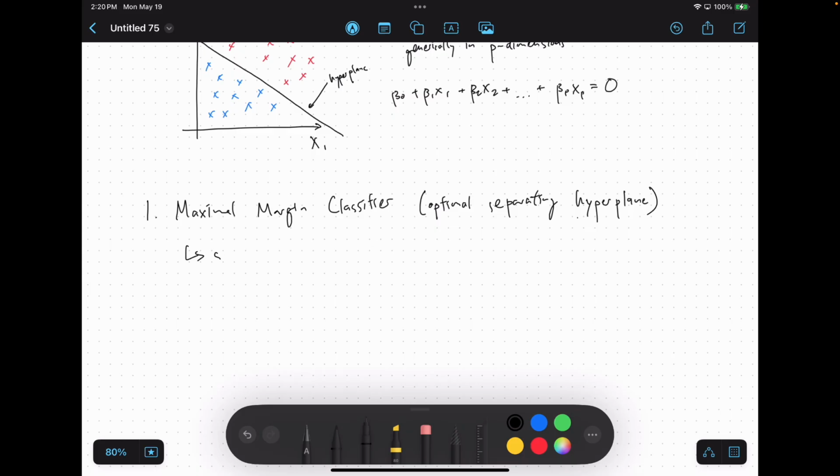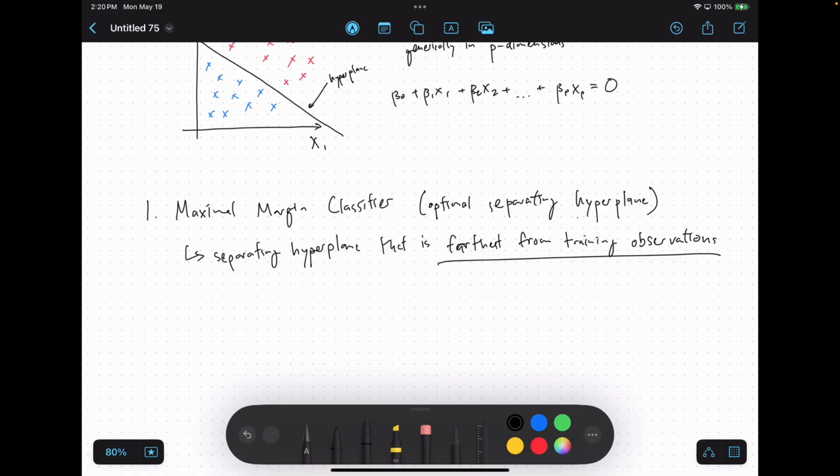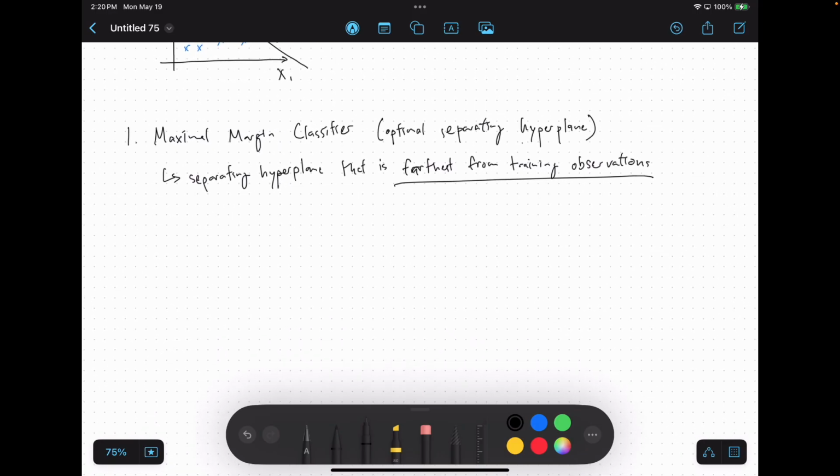So this would be a separating hyperplane that is farthest from training observations. So this part right here at the end is a pretty important concept to think about.